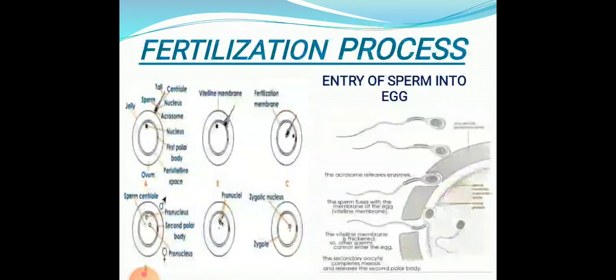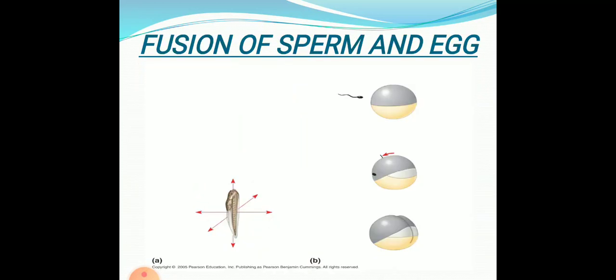In the next slide, in the diagram you are going to see the entry of sperm into the egg, how the sperms are entering the egg, by dissolving the plasma membrane and vitelline membrane in the animal pole. This is the fusion of sperm and egg.